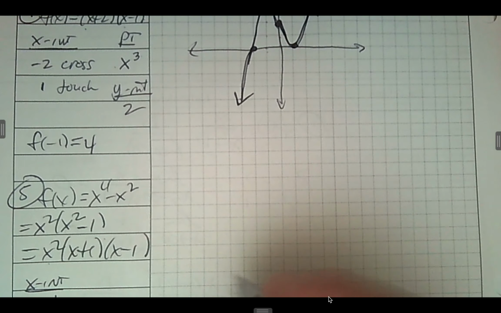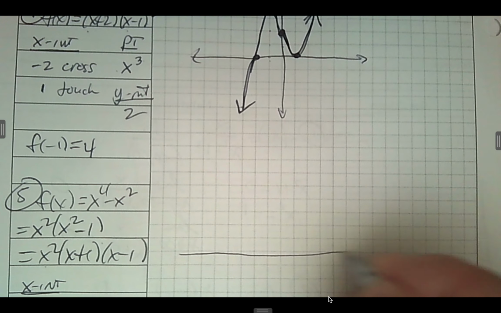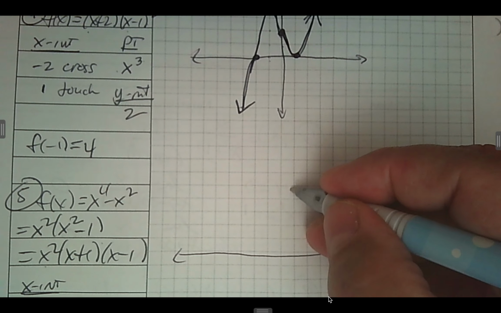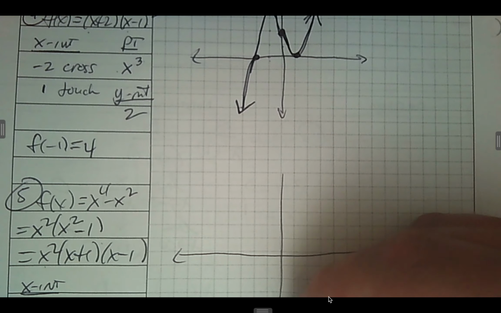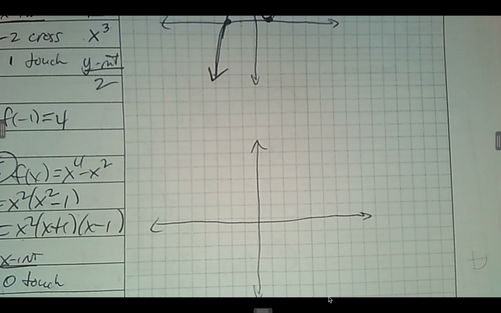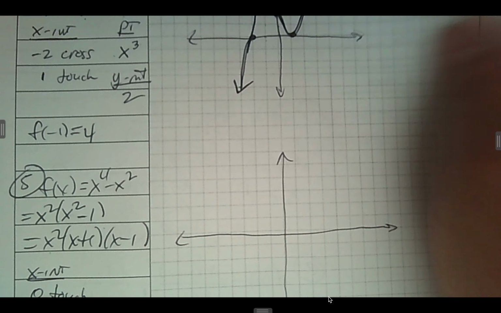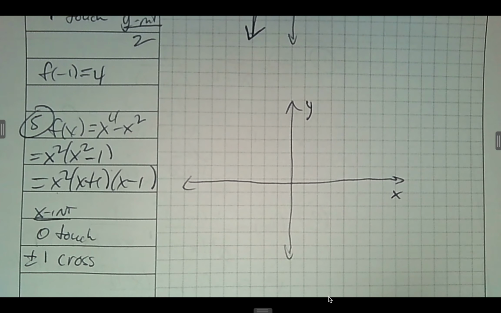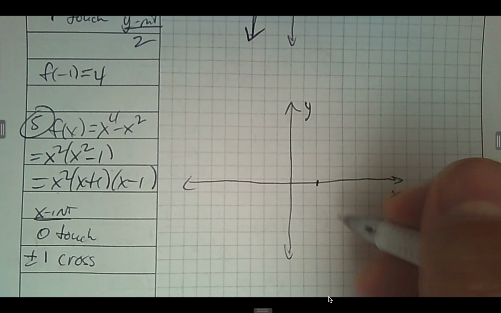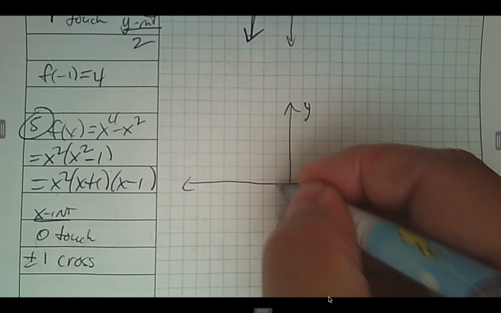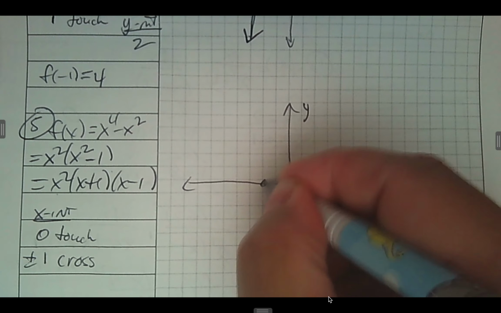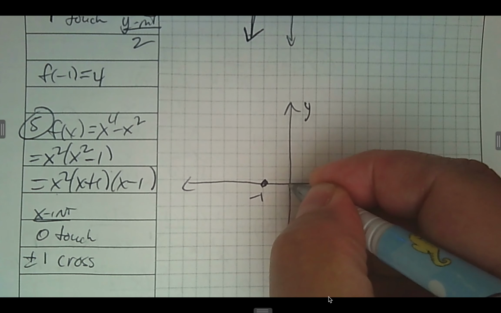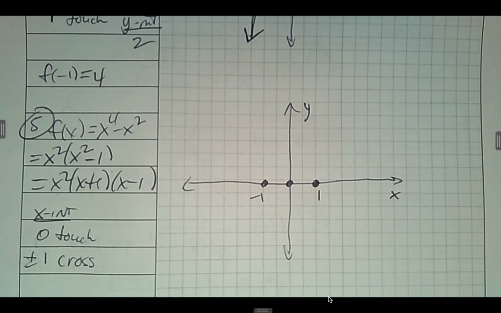So let me just draw a little graph here to represent that. So I'm going to let that be 1 and let that be negative 1. And then let this be 0. So we have our zeros there.